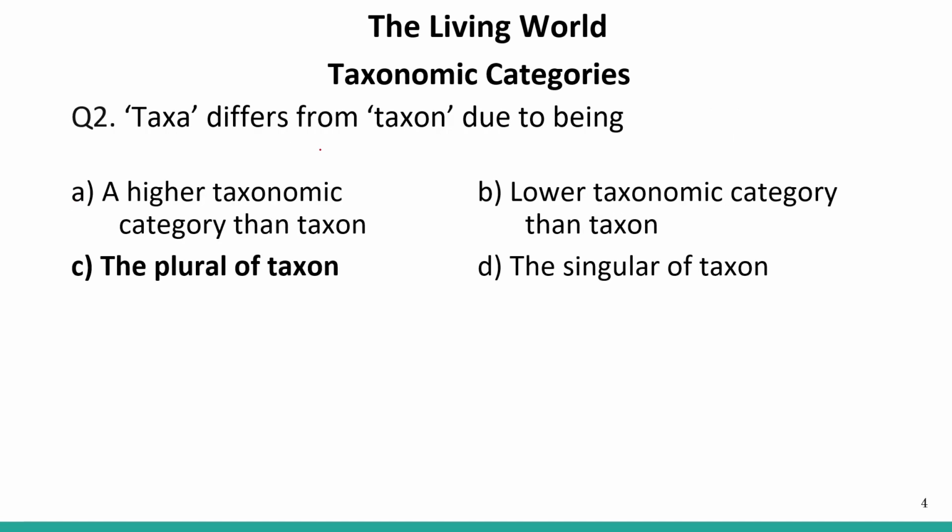The next question is, taxa differs from taxon due to. The options are: higher taxonomic category, which is not correct; lower taxonomic category than taxon, again not correct; then plural of taxon, so this option is correct; and the fourth option is singular of taxon, which is again not correct.